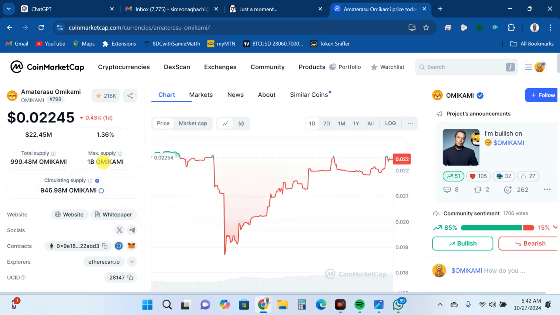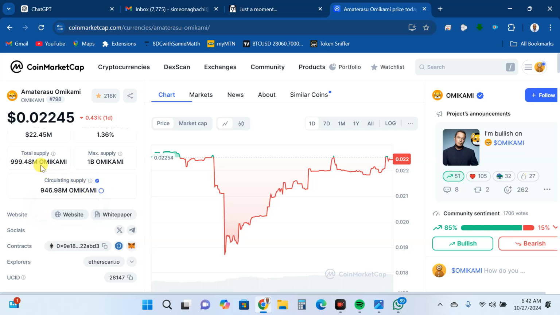So the max supply of this coin is 1 billion Omikami. That's the maximum supply that can ever be printed. The total supply is 999.4 million, and the circulating supply is 946 million.